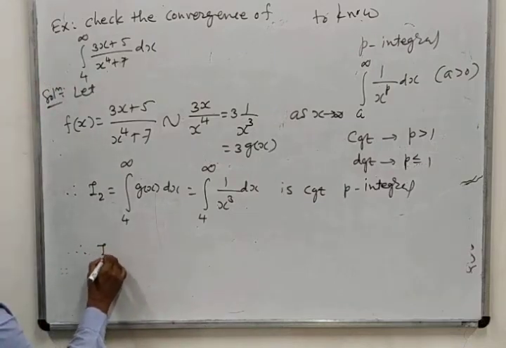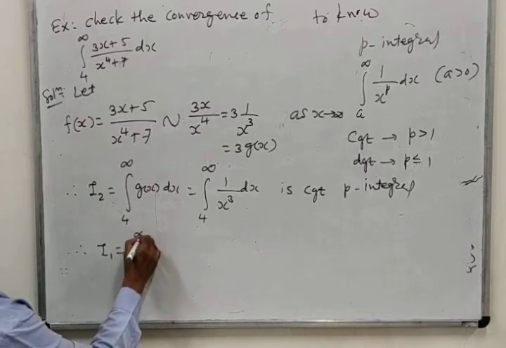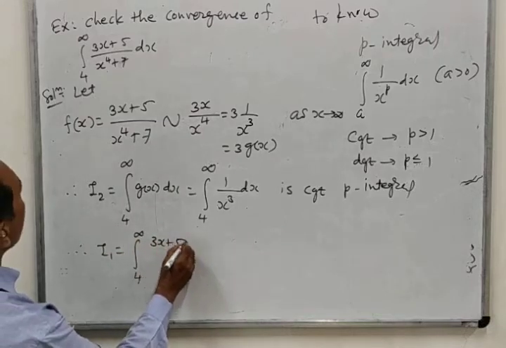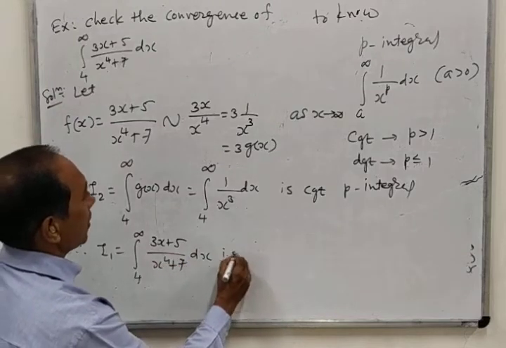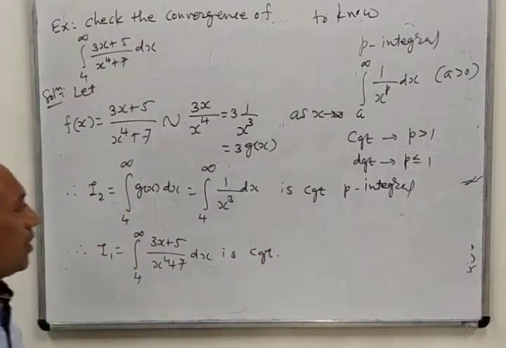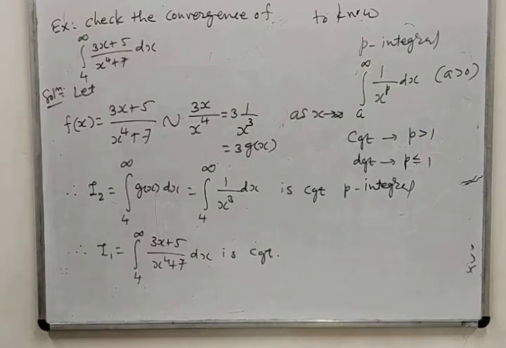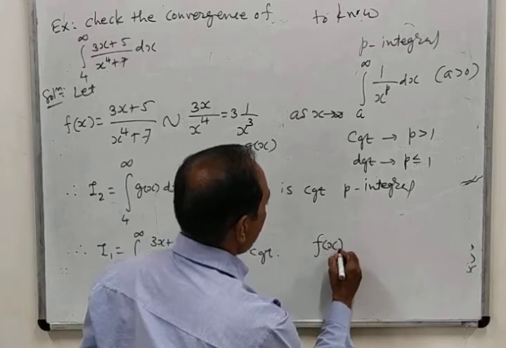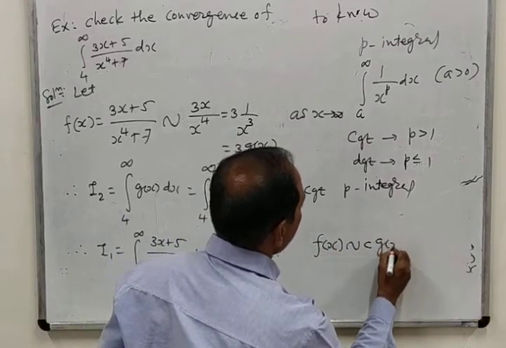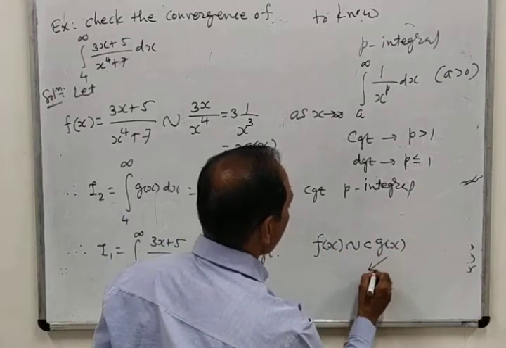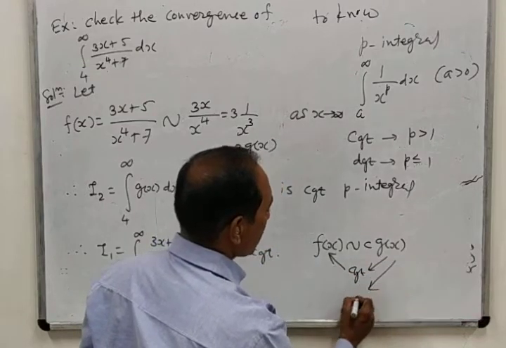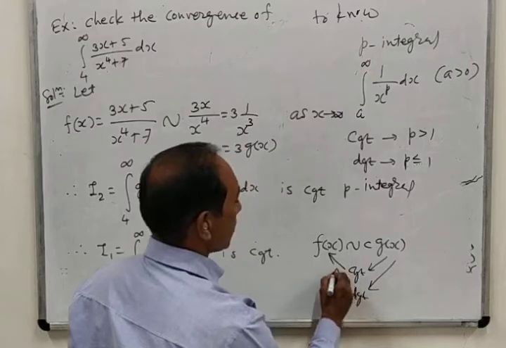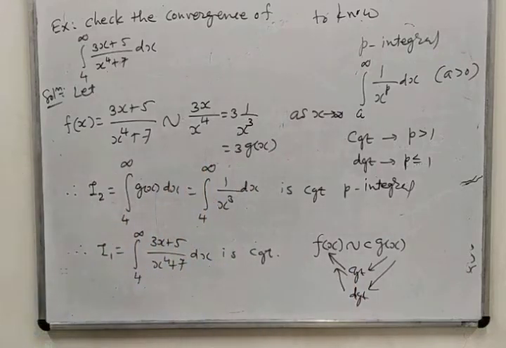Therefore I1, the integral from 4 to infinity of (3x plus 5) upon (x raised to 4 plus 7) dx, is convergent. Because the comparison test tells us that when we find a function g(x) such that f(x) is approximately c times g(x), if g(x) is convergent, f(x) is also convergent. If g(x) is divergent, f(x) is also divergent.